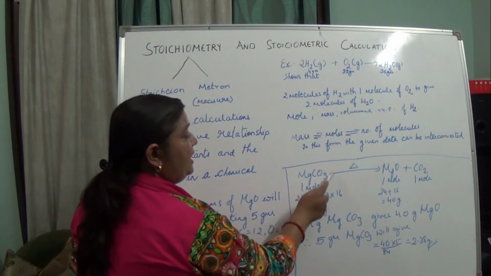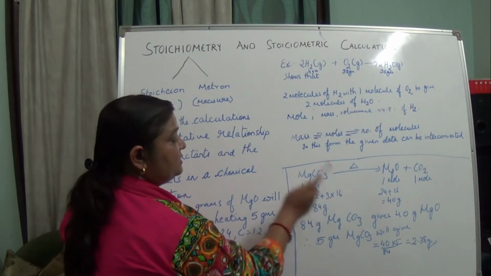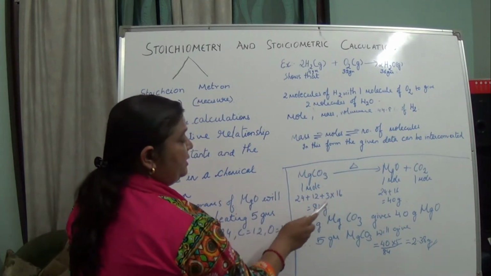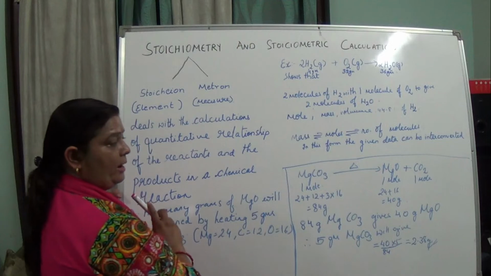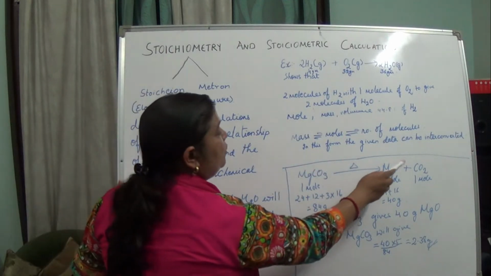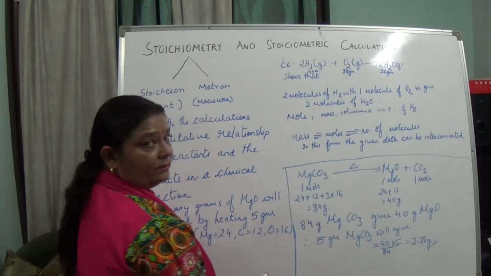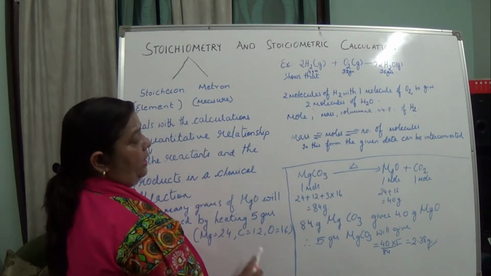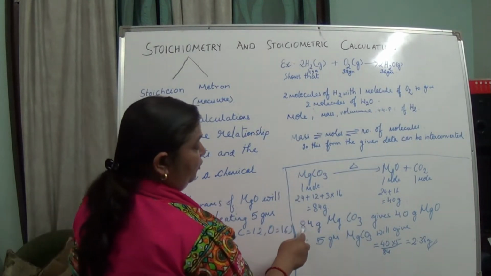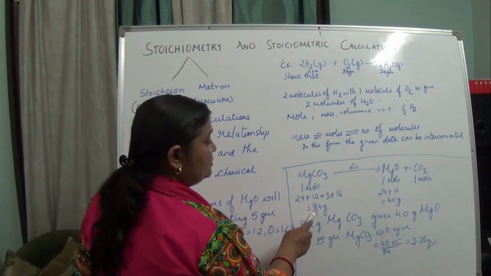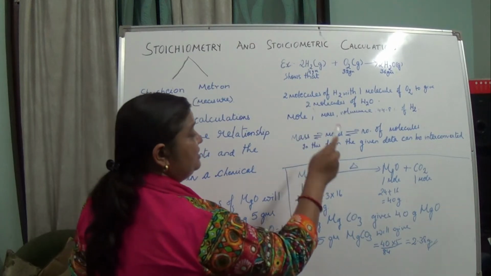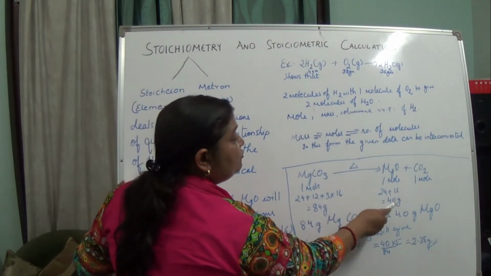But here 3 atoms of oxygen are present, so it becomes 3 into 16. When we sum it up, we get 84 grams. For magnesium oxide, magnesium is 24 and oxygen is 16, and summing up we get 40 grams. So 84 grams of magnesium carbonate, if heated, gives 40 grams of magnesium oxide.